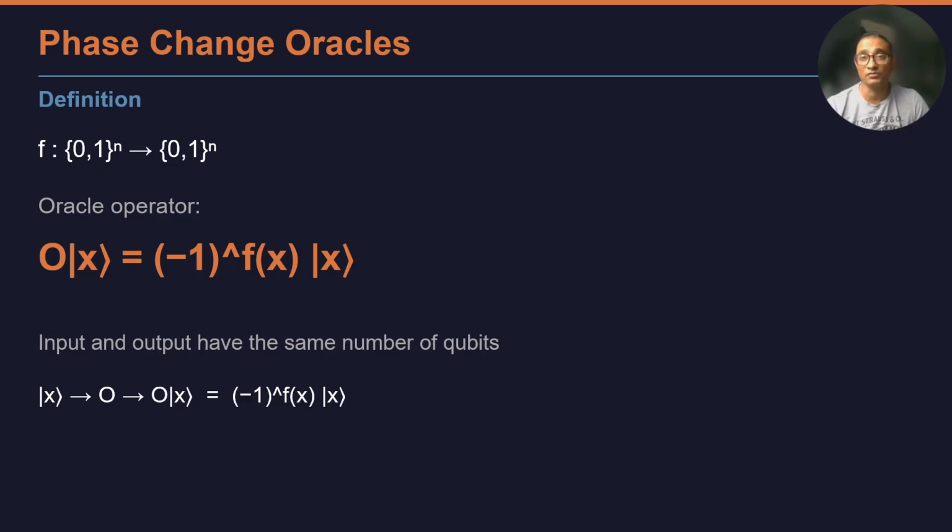Since we are talking about phase, we want to implement a phase change capability which then acts on the input. The important point to understand here is that both input and output have the same number of qubits, which means when the input goes through this oracle and makes an output, you will not have loss of bits. So it won't be that the 2-bit input becomes a 1-bit output.